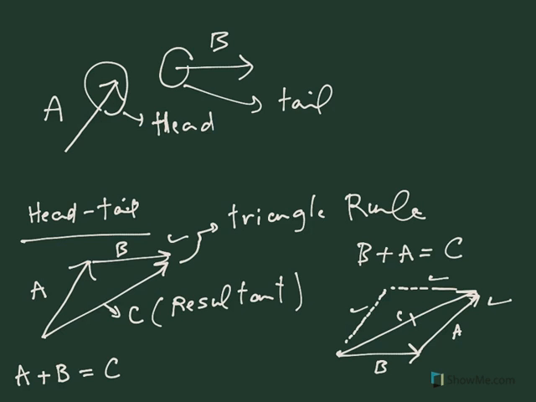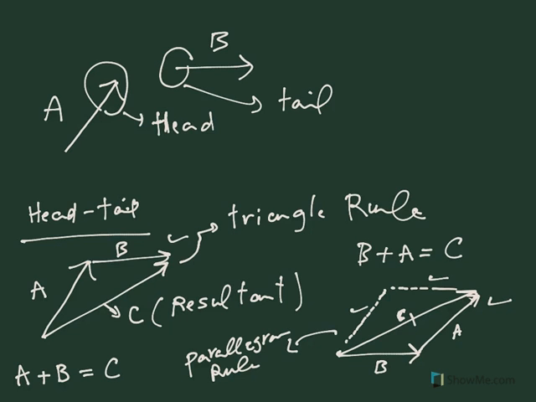And as you can see, the resultant is independent, and therefore that's called the parallelogram rule. And so that's a summary of vector addition and the method used, which is head to tail, including the triangle rule and the parallelogram rule.